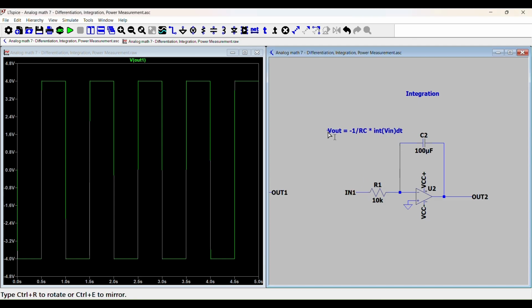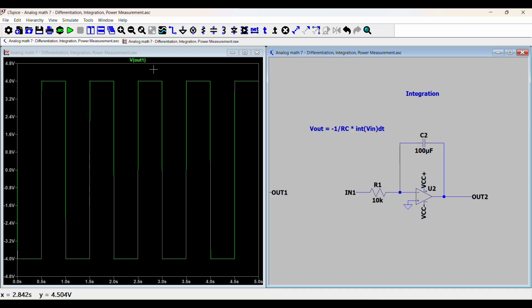So this is that equation right here. Let's have a look at the output. Here I've got 100 microfarads and a 10K resistor. These two multiplied together become 1. So therefore, this is basically minus 1 times the integral of the input.